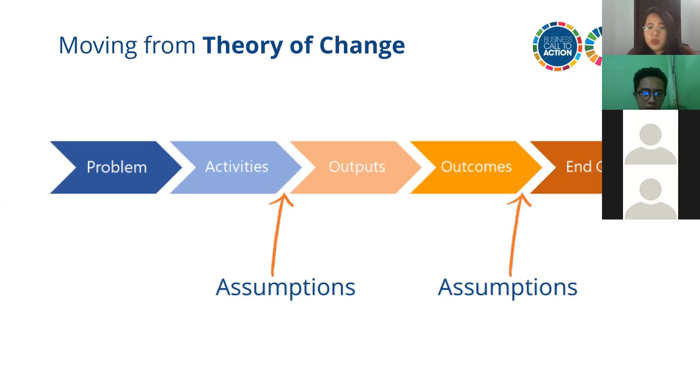Ganon. So outputs are your immediate results. Outcomes are the changes you expect to see short-term or mid-term. The end goal is the long-term, or otherwise the SDG. So that's why it's called long-term. Kasi, syempre, different short-term. So I hope that answered your question. Okay. So any more questions?